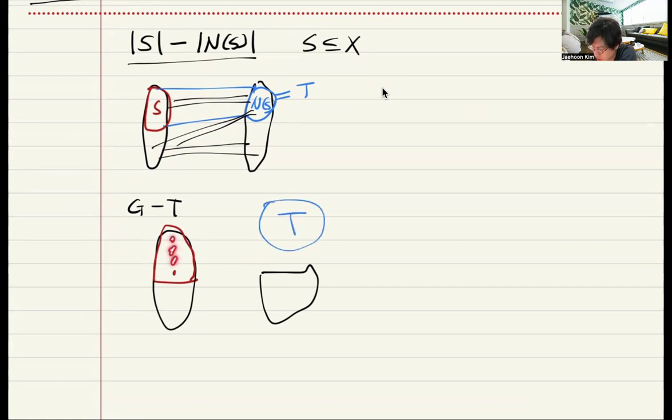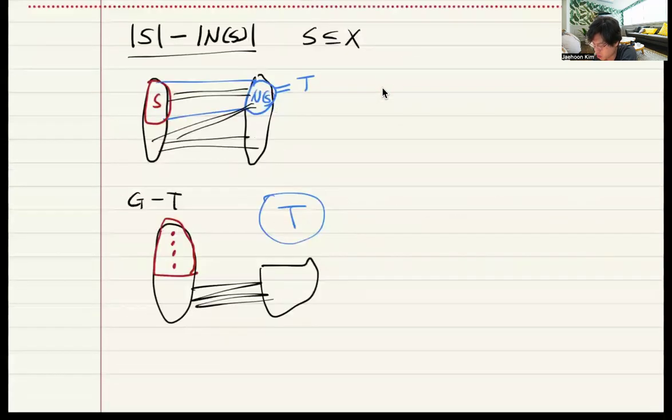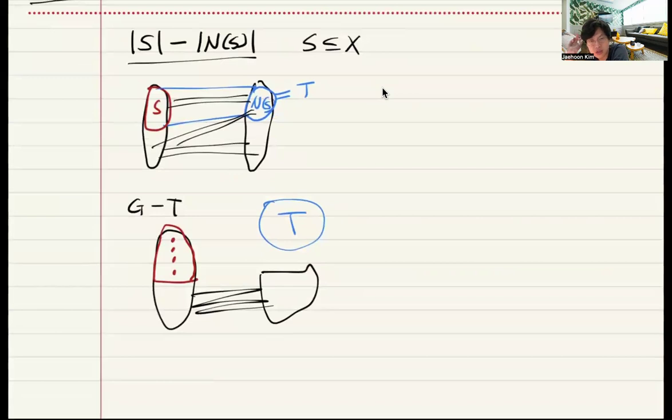All the vertices here in S become isolated. And possibly, I mean, these are connected, but if T is deleted, then let's say this is the picture.